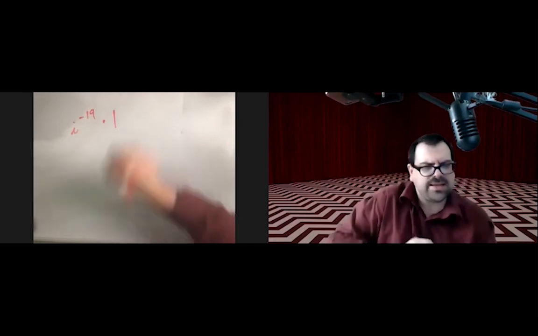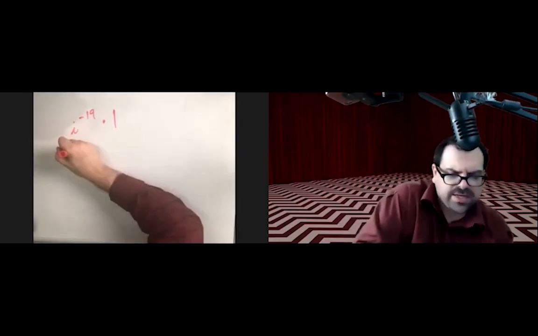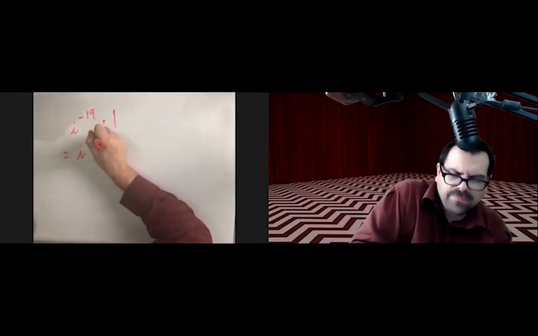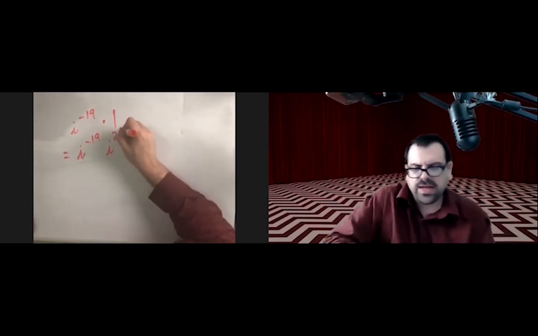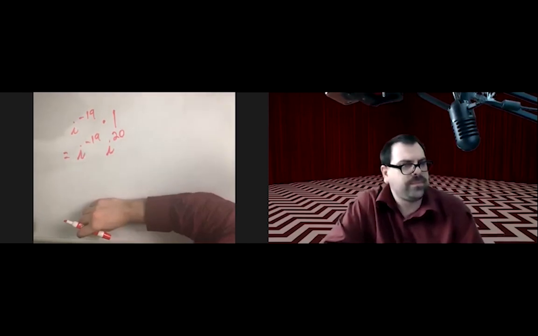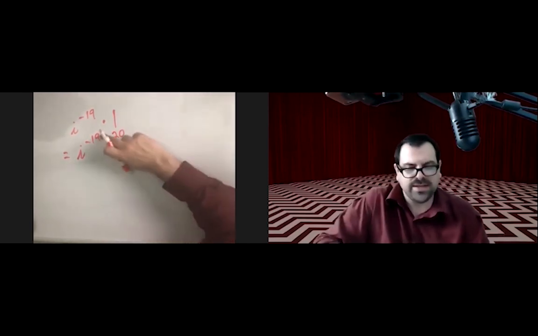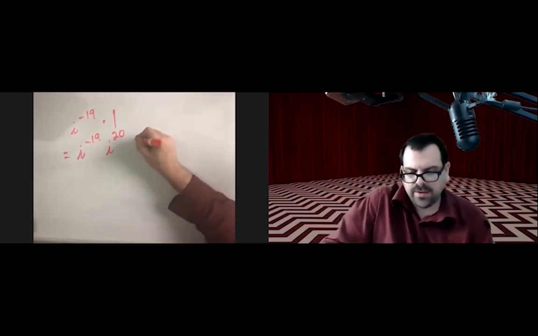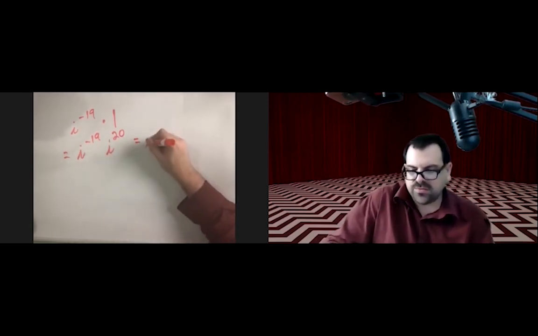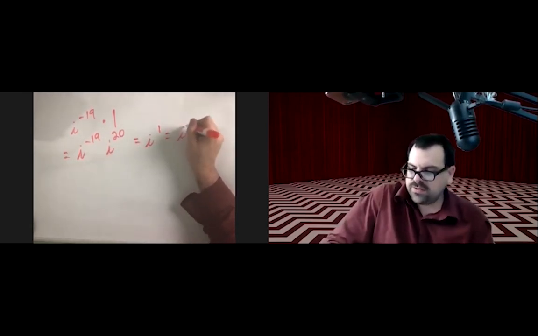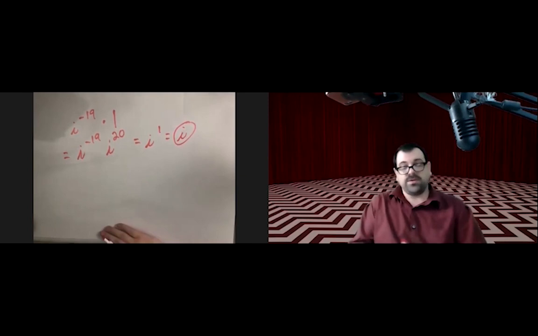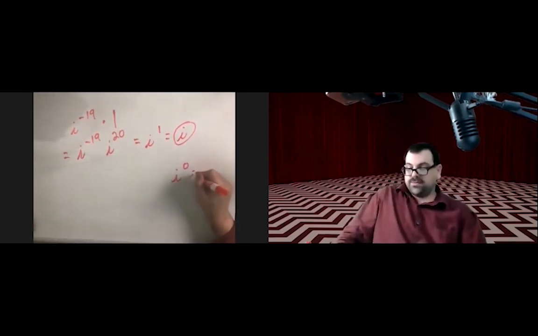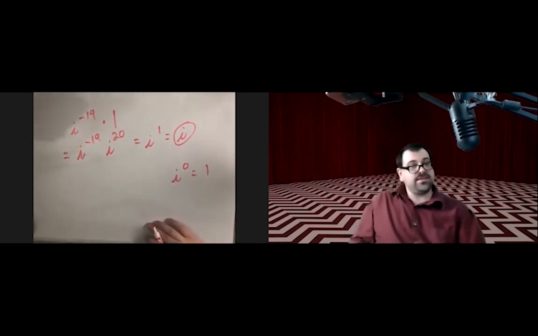Because we can multiply anything by 1, which means we can multiply by any multiple of 4 power, and 20 will be a multiple of 4 that gets us over 19. Negative 19 plus 20 is I to the 1st. So this one's I. Yeah, the pattern will continue backwards. I to the 0 is 1 because anything to the 0 power is 1.